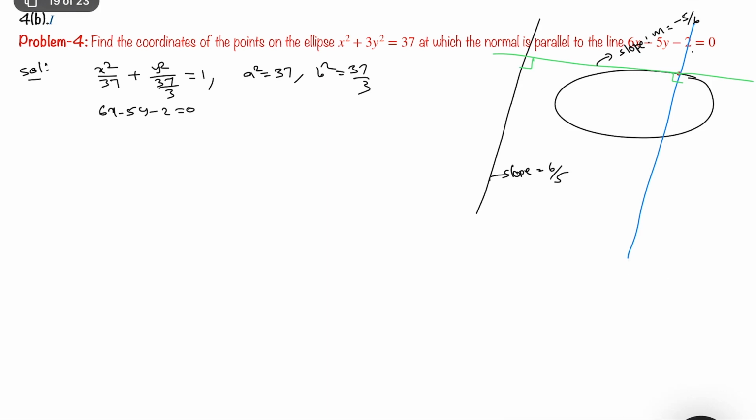Now this point can be realized as the point of contact of this tangent to this ellipse whose slope m equal to minus 5 by 6. We can actually express this point of contact in terms of the slope and a, b.